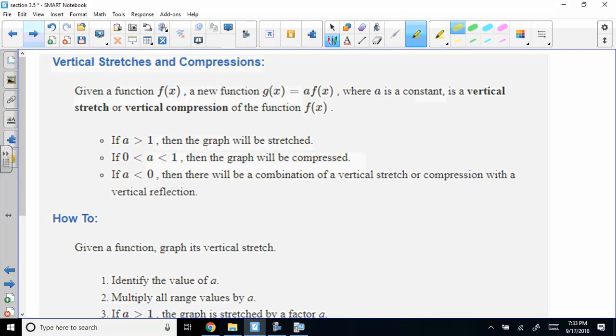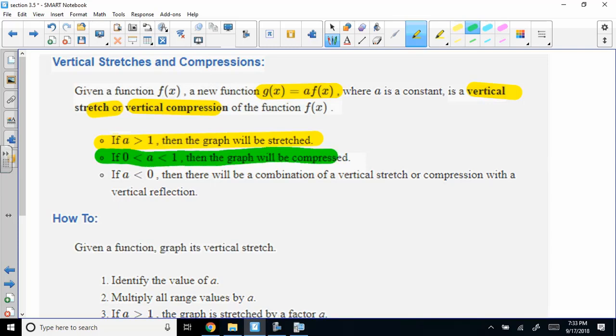Vertical stretches and compressions. If it's a times f of x, then you have a vertical stretch or compression. If a is greater than 1, it's being stretched. If a is between 0 and 1, it's being compressed. And last but not least, if a is less than 0, it's a combination of vertical stretch or compression with a vertical reflection.